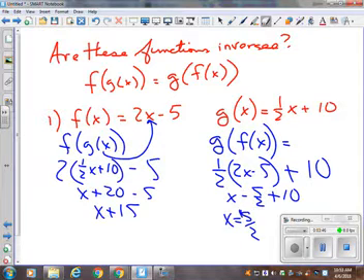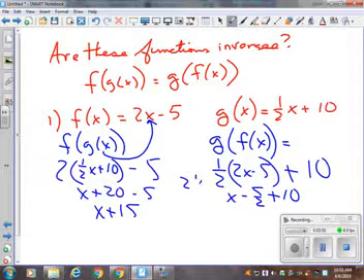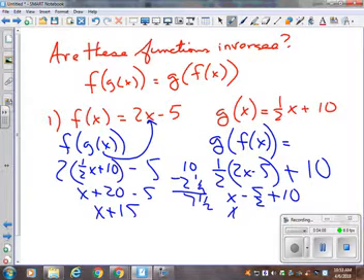That's 7 1/2, not 7/2. Maybe I should have said it that way. So that's x plus 15/2. They are not equal, so no, they're not inverses.